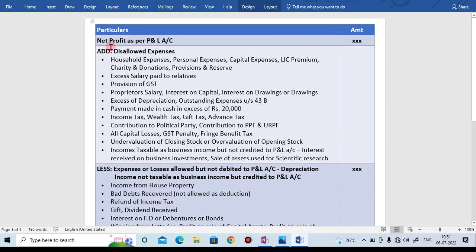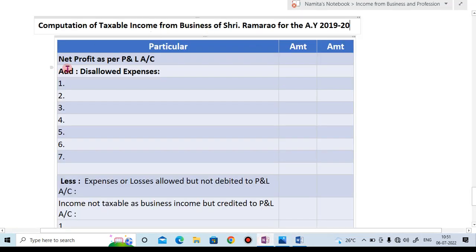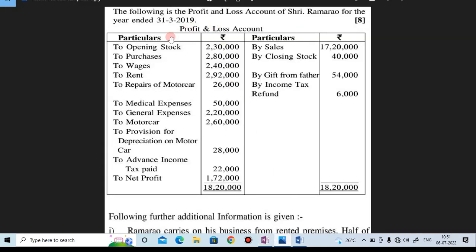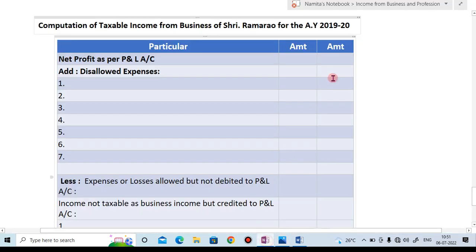First thing is net profit as per profit and loss account. So write down net profit as per profit and loss account. The net profit given in the profit and loss account is 1,72,000. So write 1,72,000. Clear?